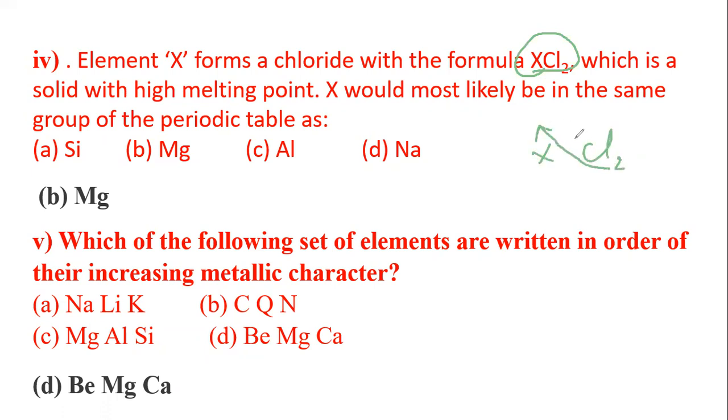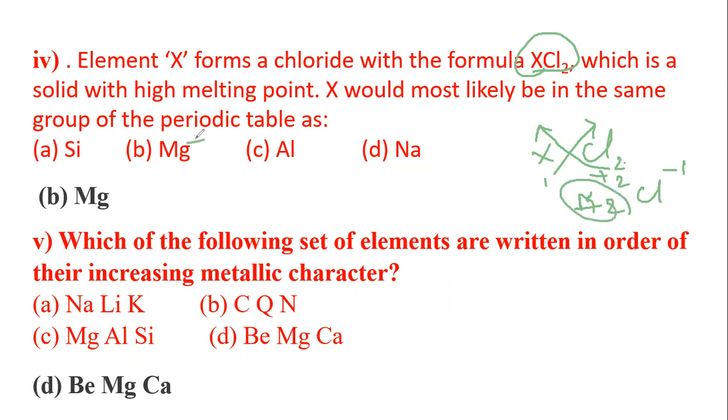This number goes to the oxidation state of the first element, and where nothing is there, 1 goes to this one. So the oxidation state of X is going to be +2, and chlorine you already know is -1. Which metal shows oxidation state 2?